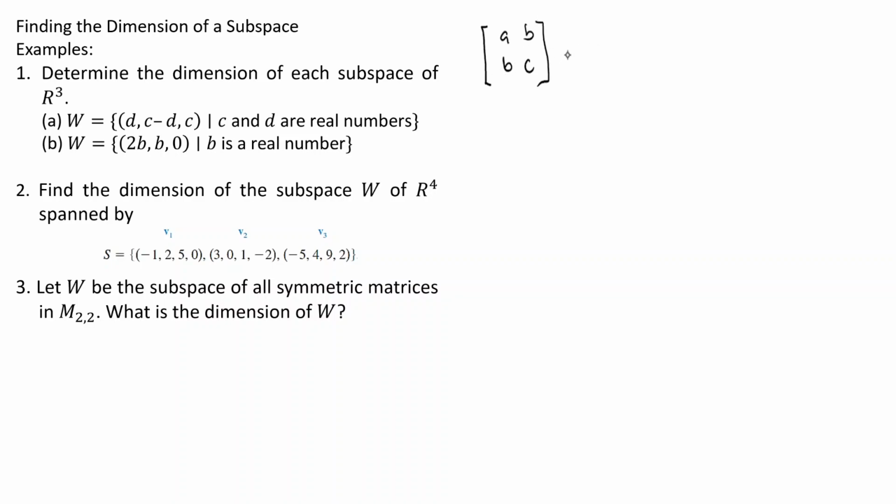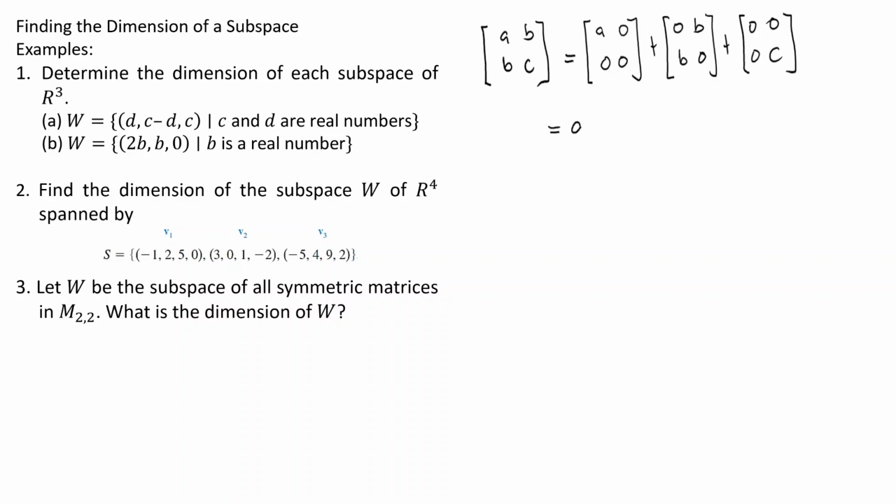Okay, and this 2 by 2 symmetric matrix can be written as [A 0; 0 0] plus we separate the matrix containing B, and then plus the last one, the matrix containing C. Again, when you add these three matrices, the result will be just this matrix. Then we factor out these real numbers A, B, and C. So what is left?